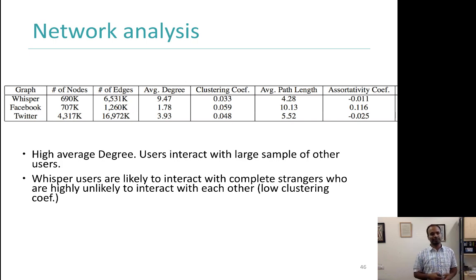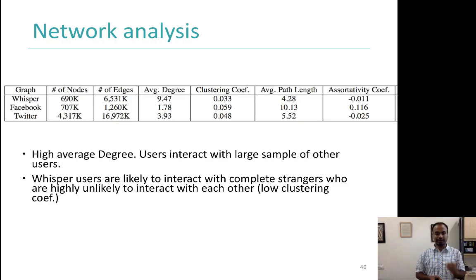So if you look at the Facebook value, it's only 1.78. For Twitter, it is 3.93. Whereas for Whisper, it's 9.47. The degree to which they interact with users is pretty large. Whisper users are likely to interact with complete strangers.